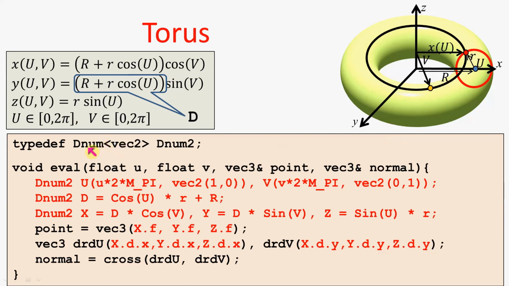We use a version of our dual numbers where the derivative is a vec2 type, that is, it has two components, because now we have two variate functions and we are interested in the partial derivative with respect to the first and also in the partial derivative with respect to the second variable.